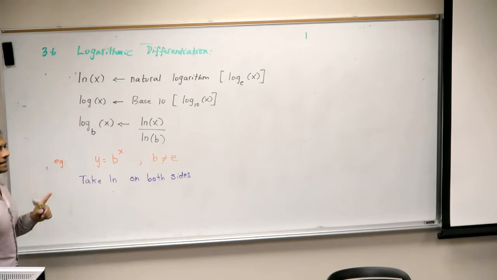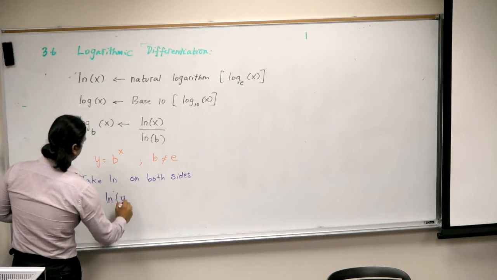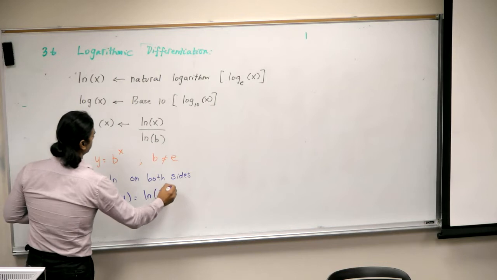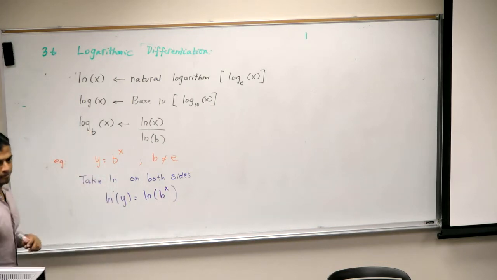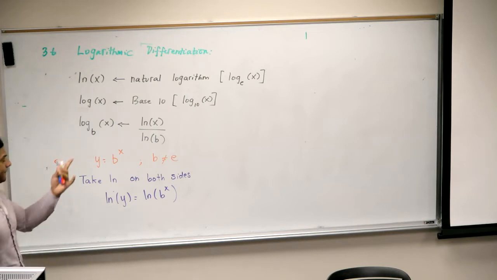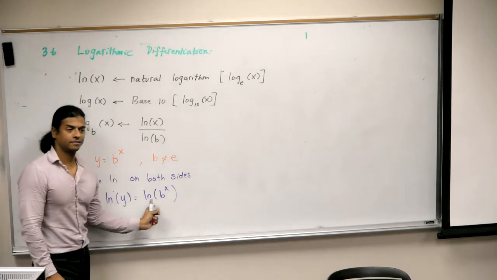I'm going to take ln on both sides. So ln of y would equal ln of b raised to x. Yes, we call it logarithmic differentiation because we take ln on both sides to make things easier. What property can we use here?